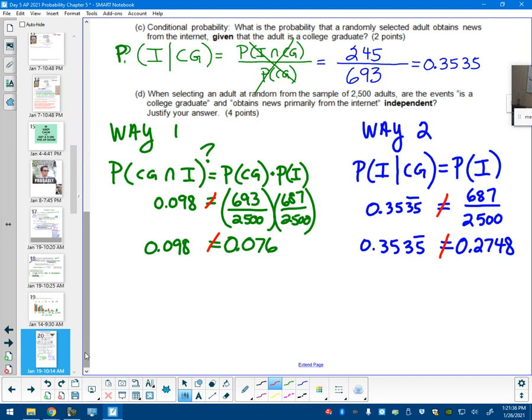So here's what we write for our final conclusion. Well, it is exactly the same start. It doesn't matter which way you chose to do it. I think I'll put it in red.